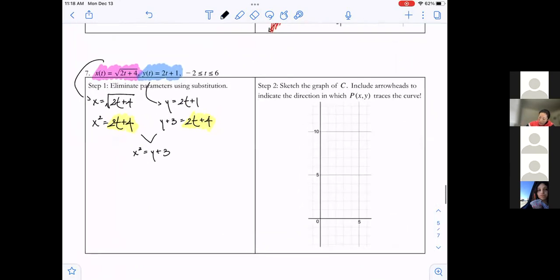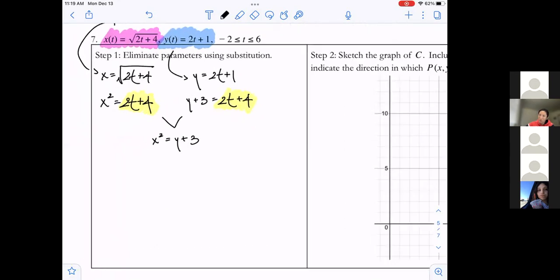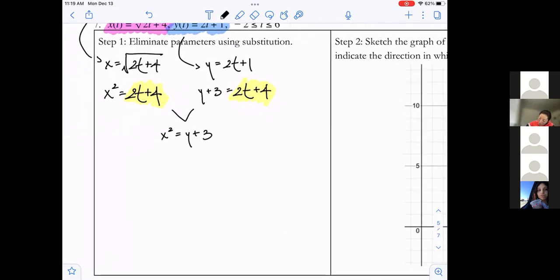All right. So we get x squared equals y plus 3. I would say we could do one move to put it into a more familiar form. And in fact, yes, I would say y equals x squared minus 3 would be a more familiar form for both you and the reader, right?